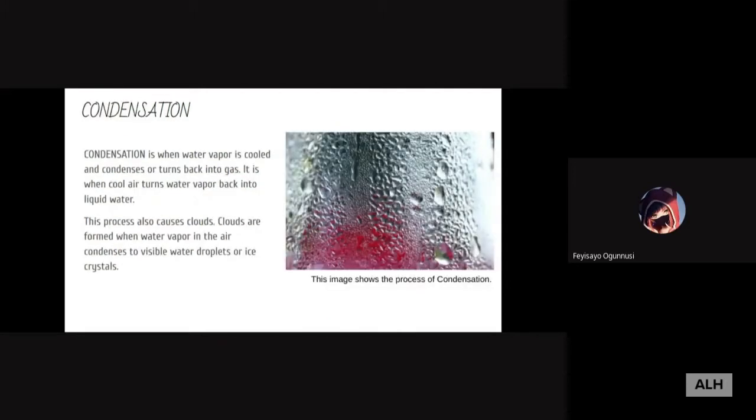And then condensation is another process that turns cooled water vapor back into liquid, which is when cool air causes water vapor that has already been evaporated to turn back into liquid water. This process also causes the formation of clouds.